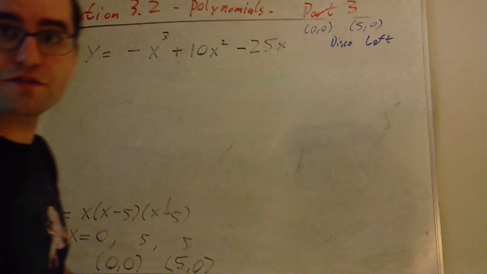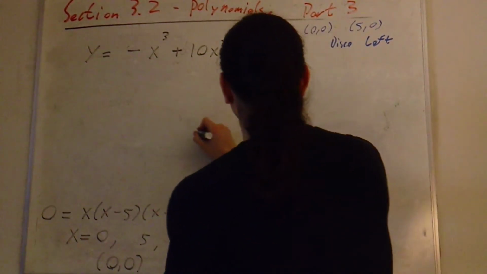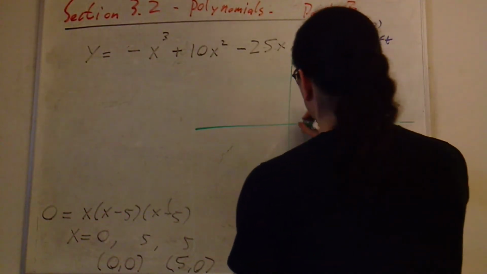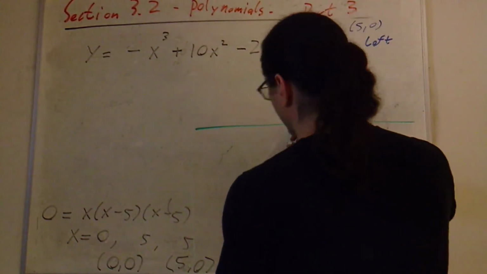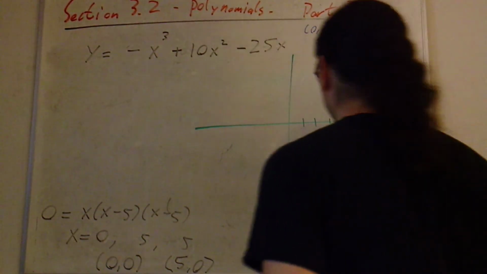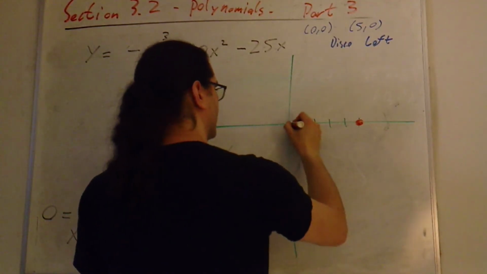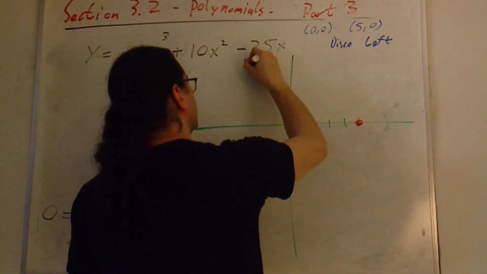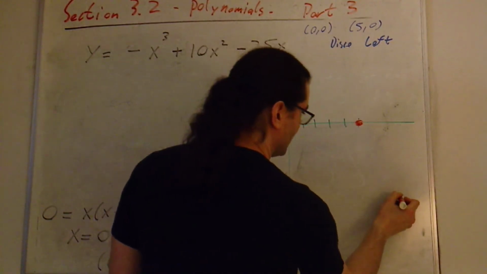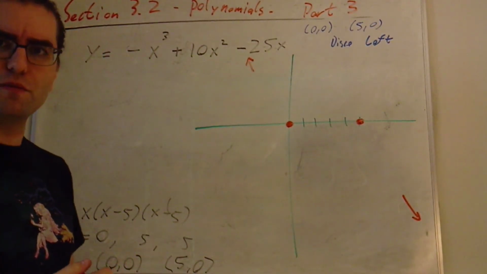So let's start this graphing process. I have an intercept here, I have an intercept here. Going up to the left means I'm going up here, and down over here. So here's where we run into a bit of a problem.